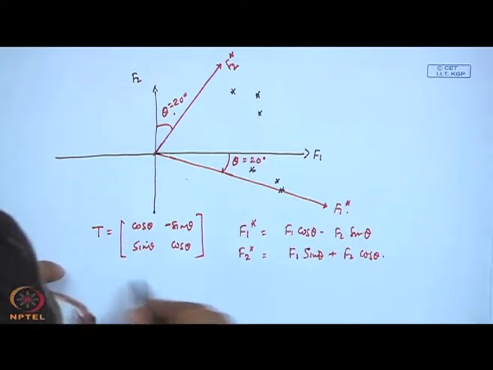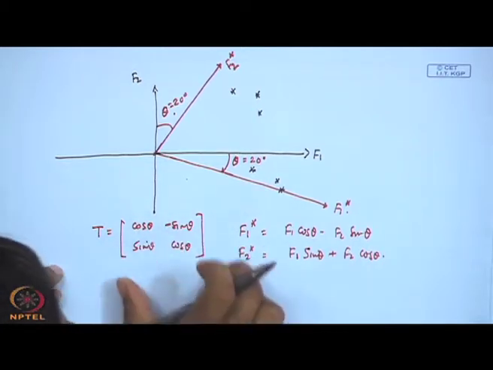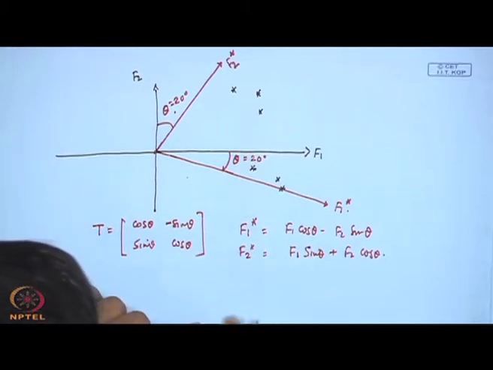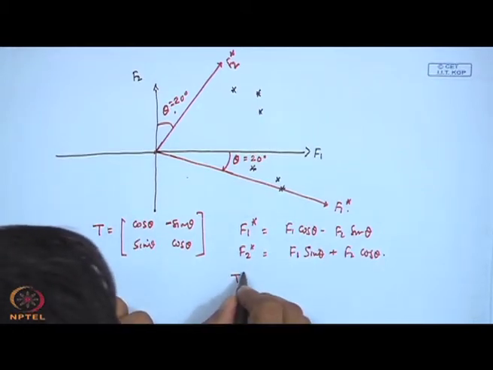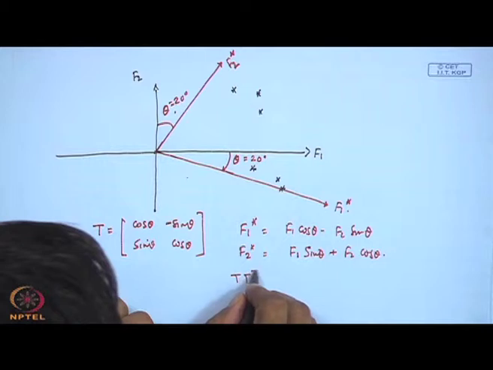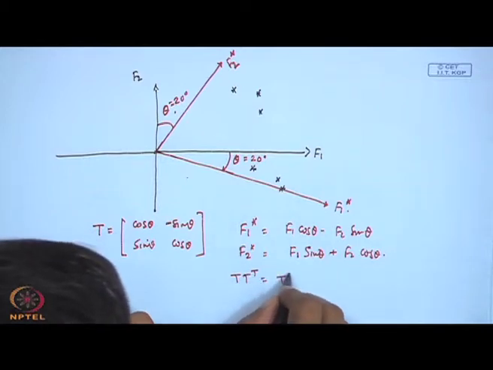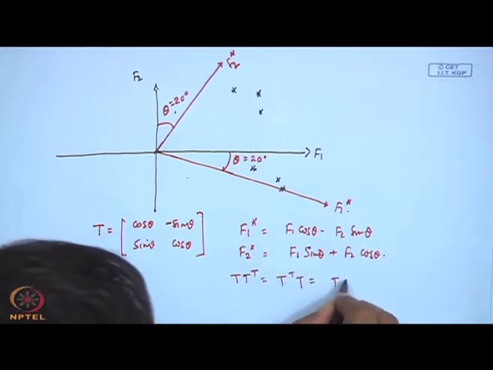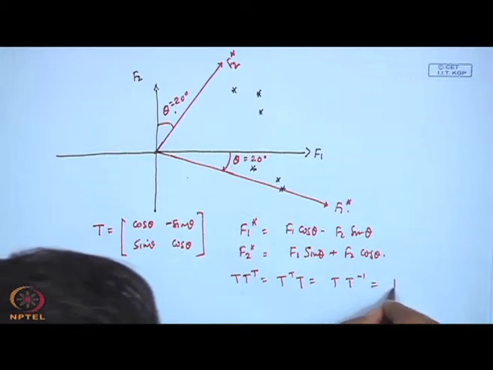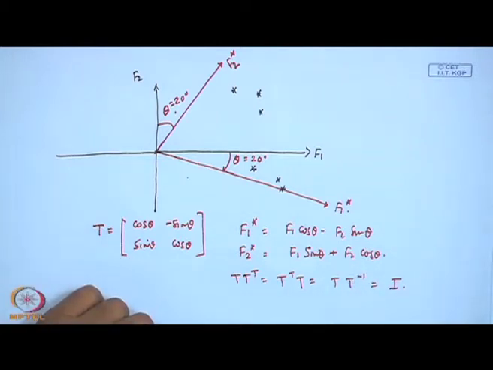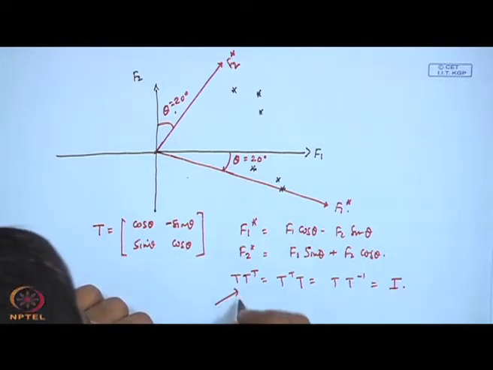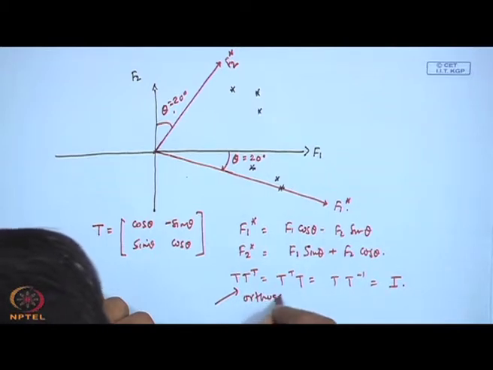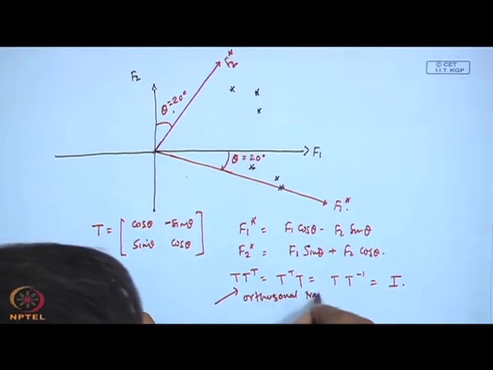We have also seen that if T transpose equals T inverse, that is T transpose T equals I, then we say this is an orthogonal transformation.